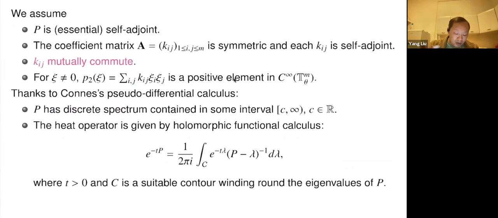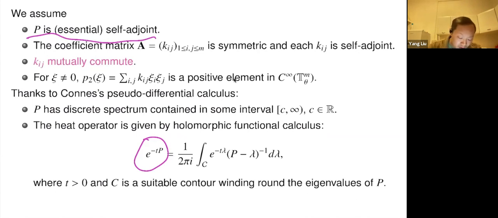Now I will add more assumptions to make sense of the heat operator. I will assume P is essentially self-adjoint, meaning that its eigenvalues are real.